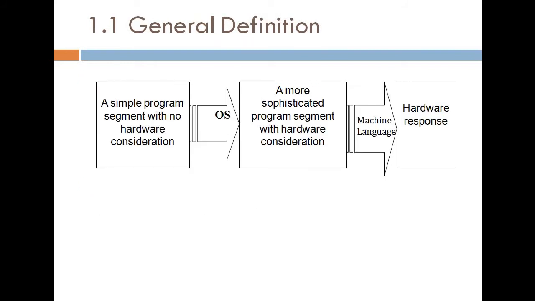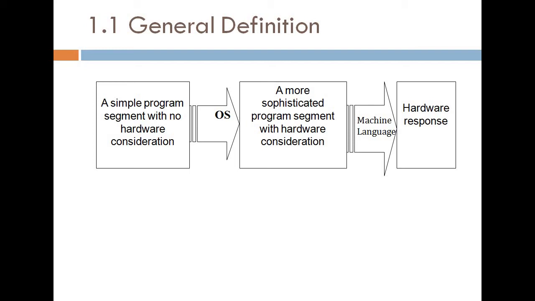Now a simple program segment with no hardware considerations. Basically when we write some programs, there is no concept of hardware. Then the operating system came, and the system program or application program interact through it, and it becomes a more sophisticated program segment with hardware consideration. So it interacts with the hardware.